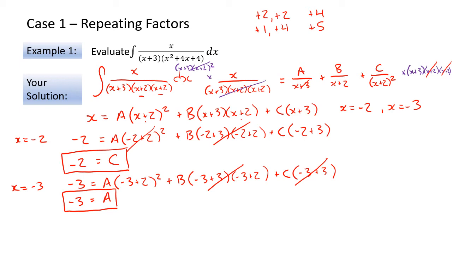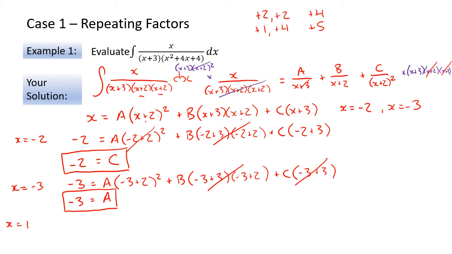So again, our last one is we have two of the factors, so we have to pick a value of x. I always pick the easiest value I can. In this case, why don't we just pick x is equal to 1? So if we do that, we have x is equal to 1.